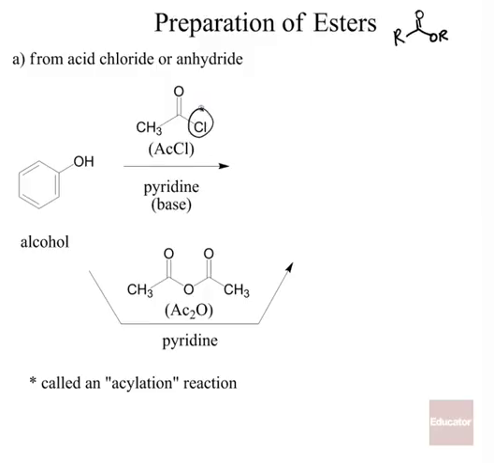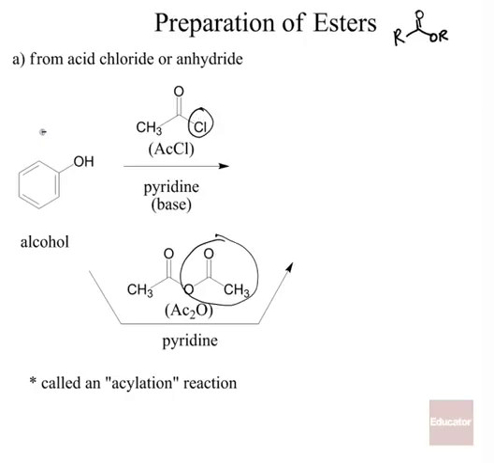The acid chloride, great leaving group. The anhydride, great leaving group. And so in fact, in preparation of esters and amides and others, we'll find that very often anhydrides and acid chlorides are used interchangeably. They're both very, very good leaving groups. So let's see what will happen here. There's our leaving group.